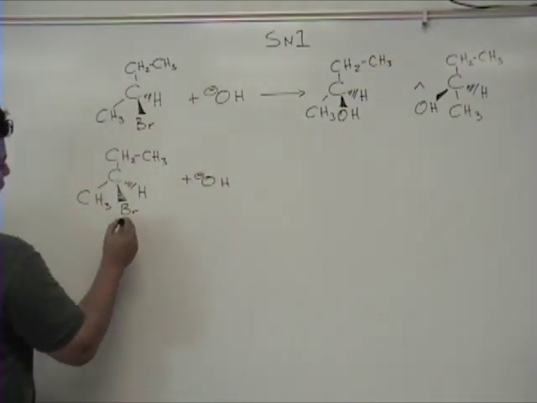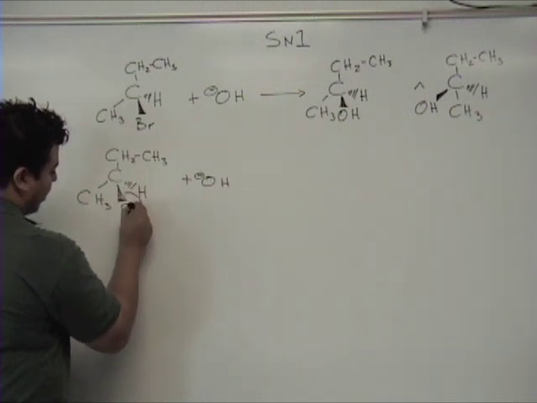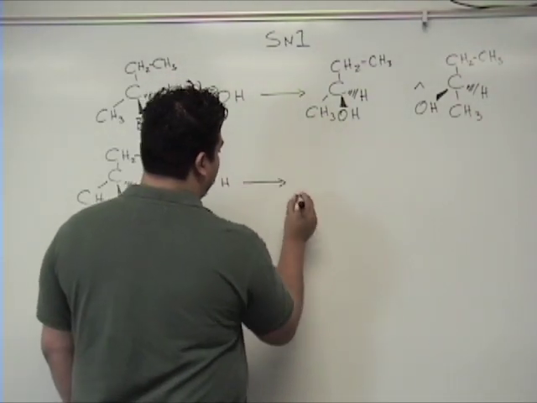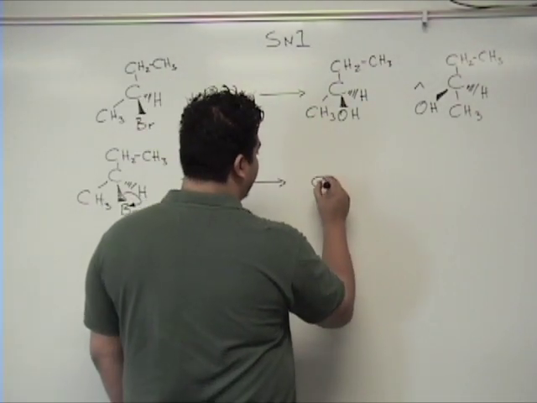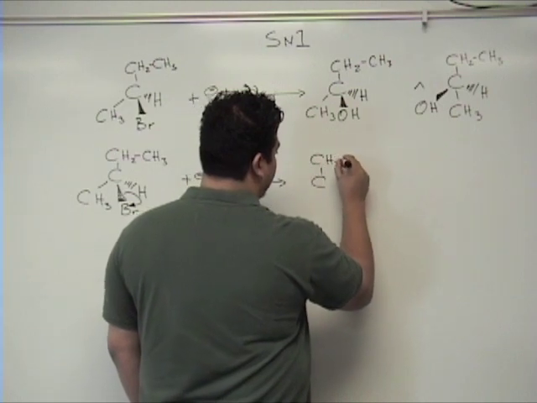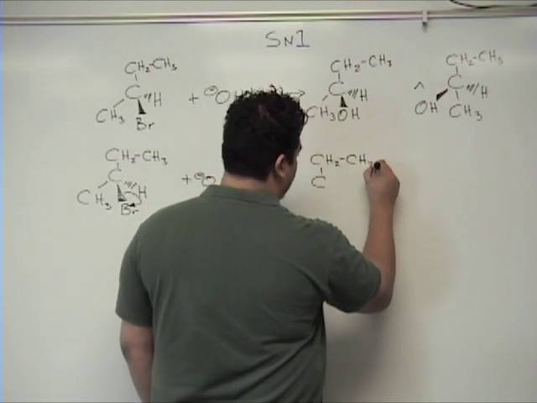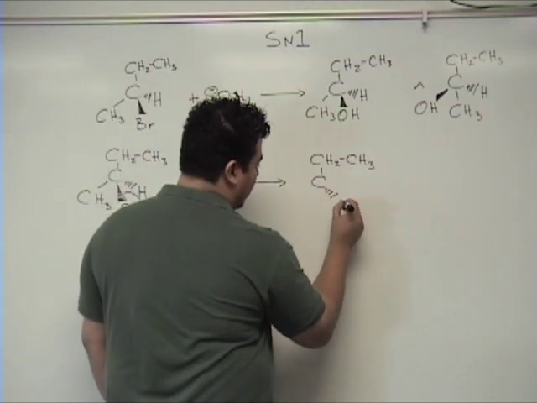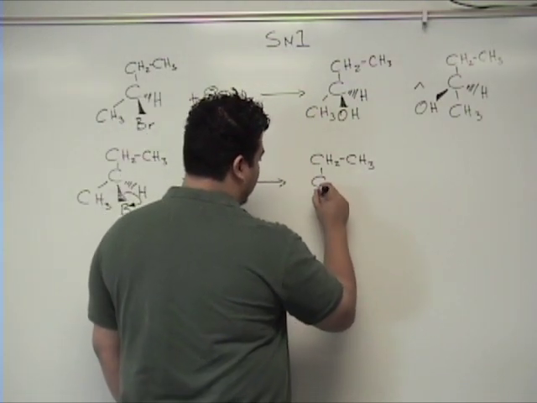So I know what's going to happen. This bond is going to break. The Br is going to take the electrons and leave. So what I'm going to get is C, CH2, CH3, and then the H right here.